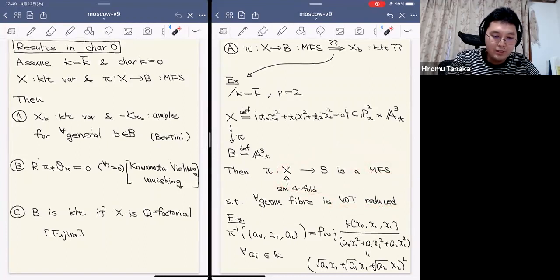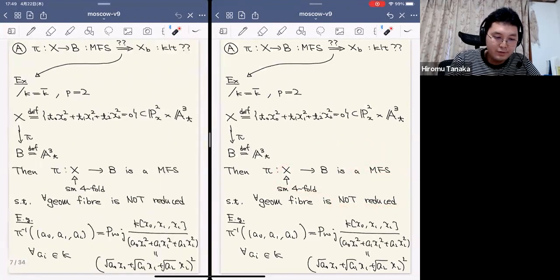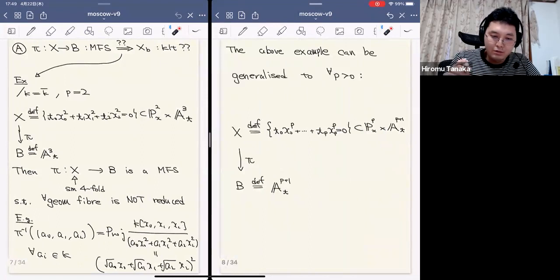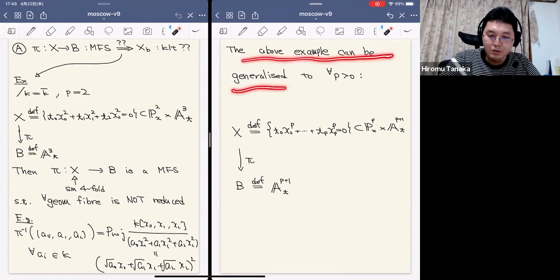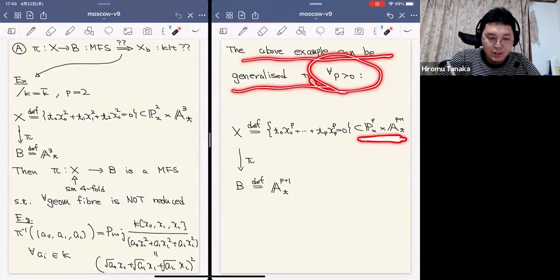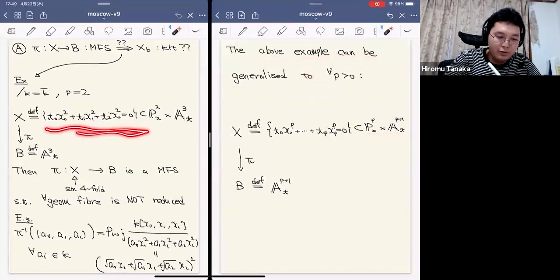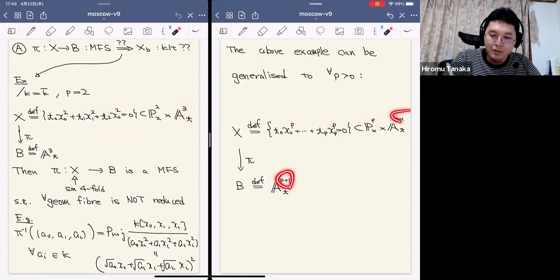And as mentioned before, this example can be generalized to any characteristic if the dimension becomes larger, in the sense that if we replace every two appearing here by p, and 3 by p plus 1, then everything is automatic.